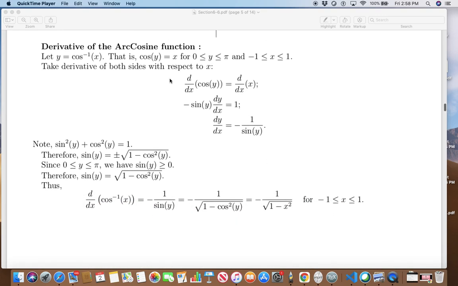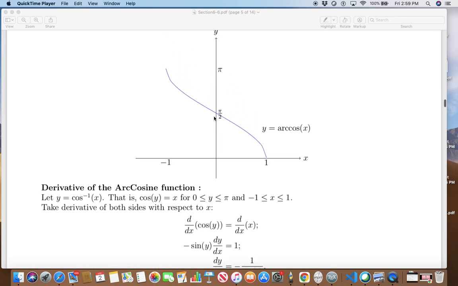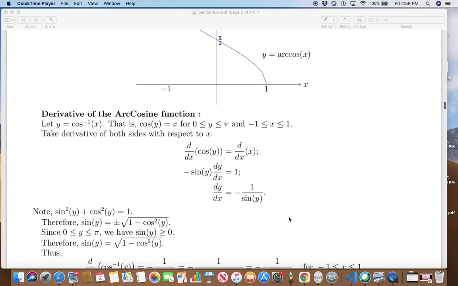Now the derivative of the arc cosine function. Let y equals cosine inverse x. That is, cosine y is x. So here y is between 0 and pi, and x is -1 to 1. Now we are going to take the derivative of this equation, both sides, with respect to x.